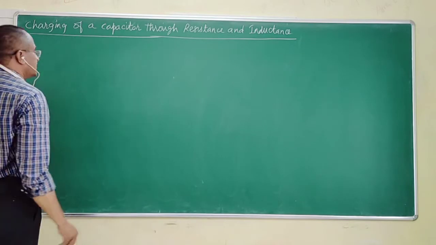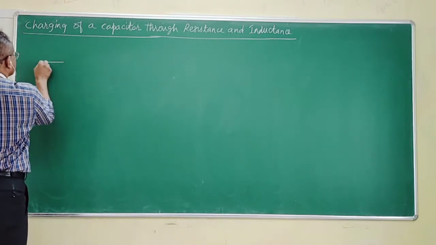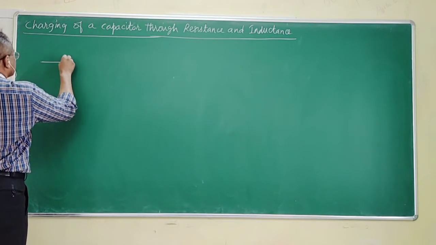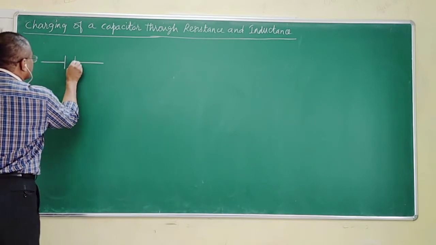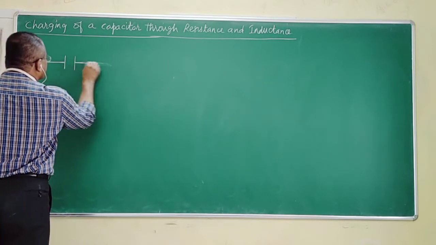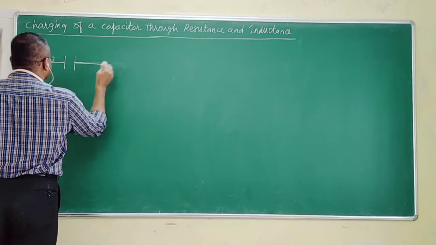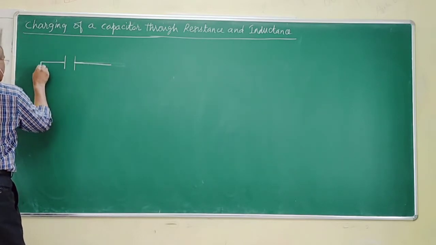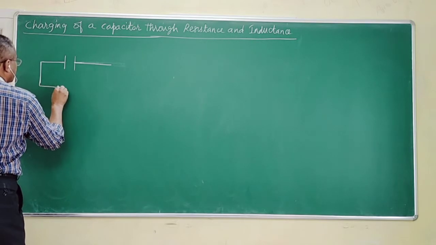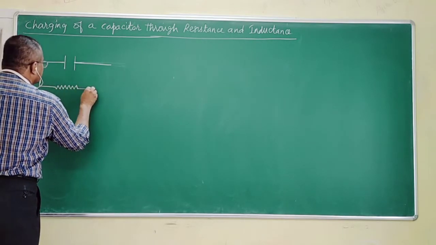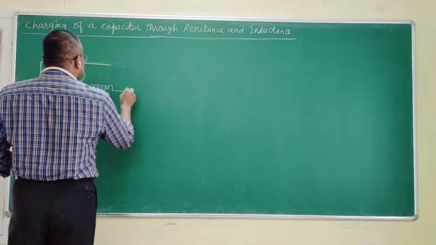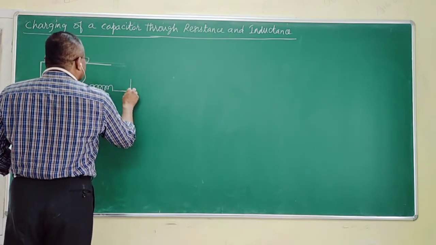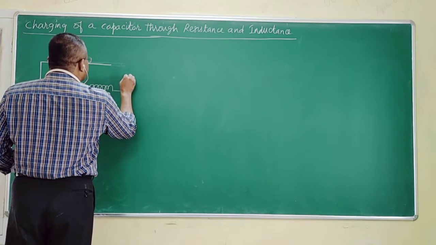First draw the circuit diagram for this. Resistance, inductance, all connected in series. We are going to use a Morse key.